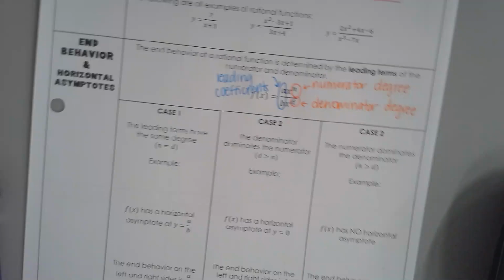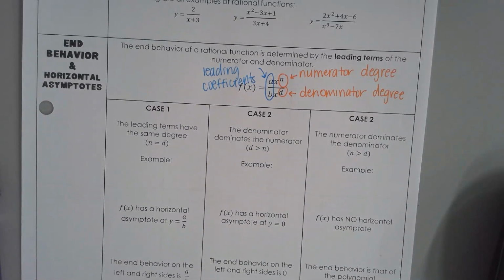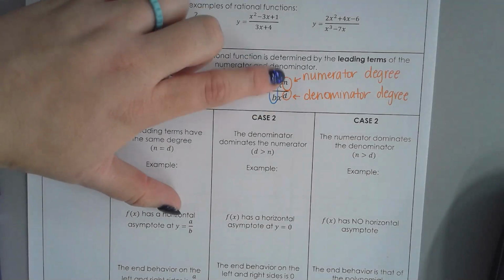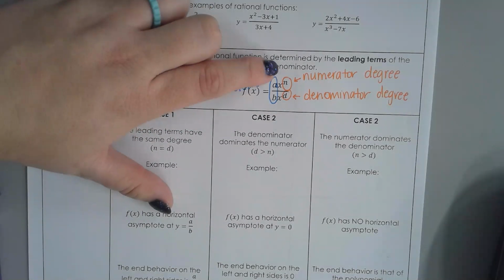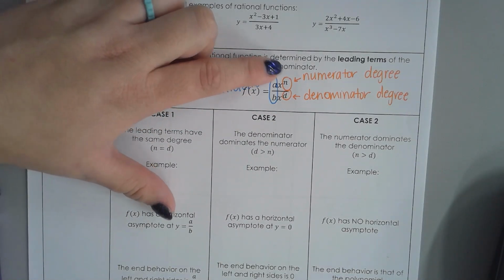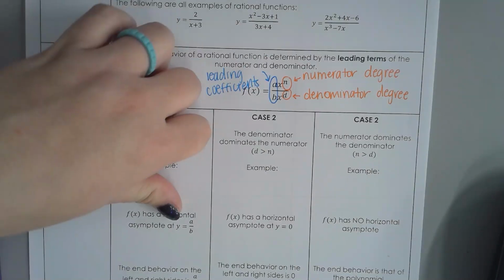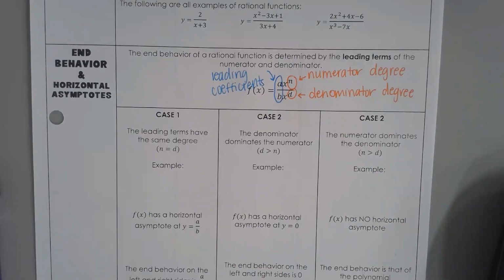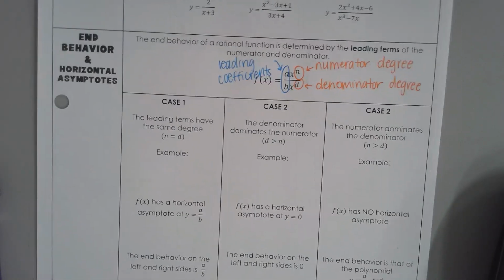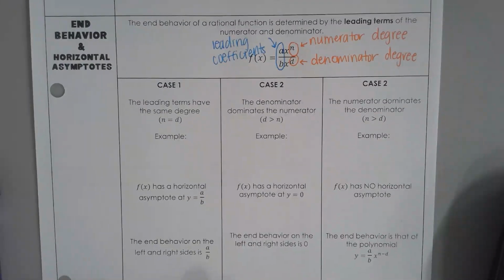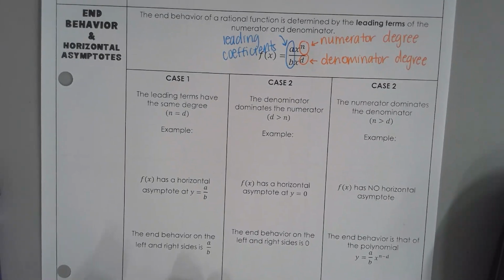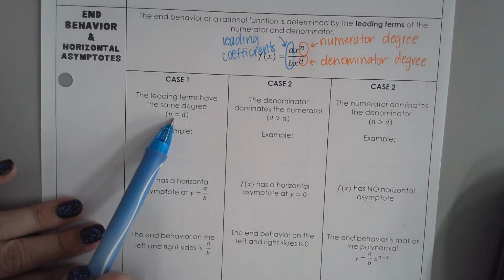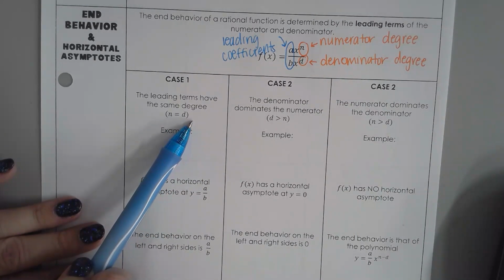Okay. So there's 3 different cases that we're going to talk about. All of them are based on the numerator and denominator degree. One of them, those degrees are equal. One of them, the numerator is bigger, and one of them, the denominator is bigger. So 3 different scenarios that might pop up. So case 1, if the numerator degree is equal to the denominator degree.